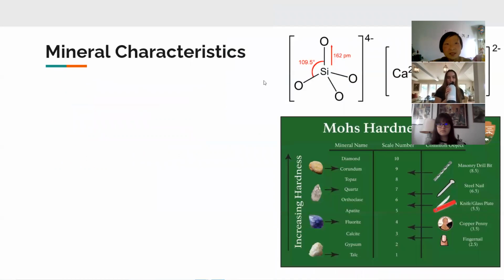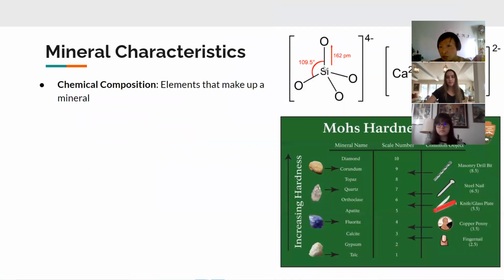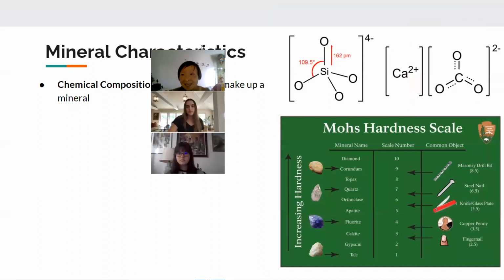For example, like these silicates, you have your silicon and oxygen. If you assemble those two elements in this way, like a pyramid, and then combine with calcium, you will have one type of mineral.